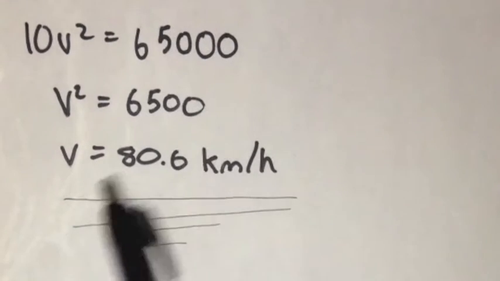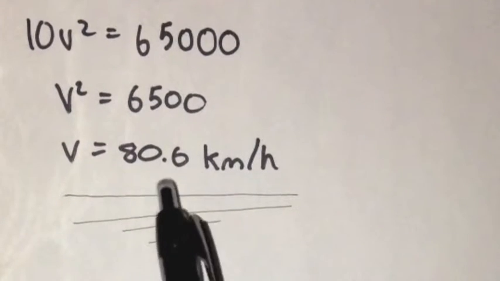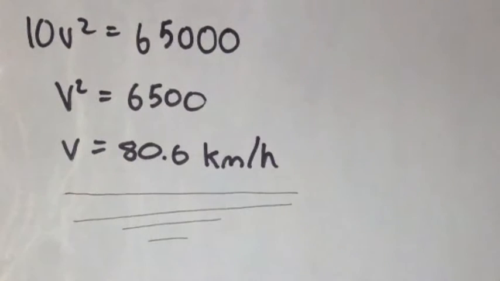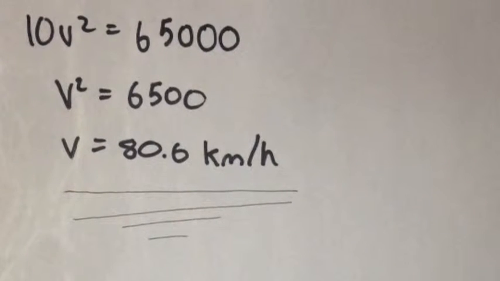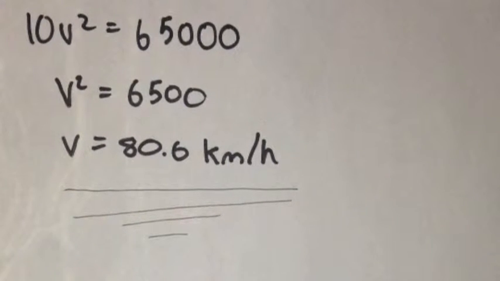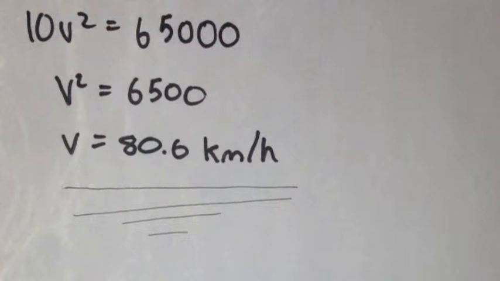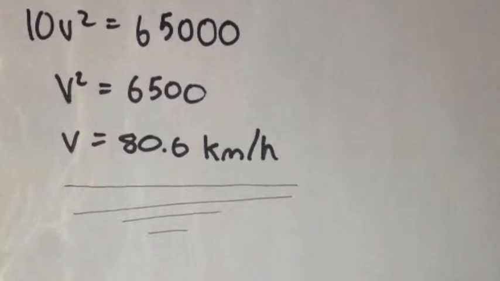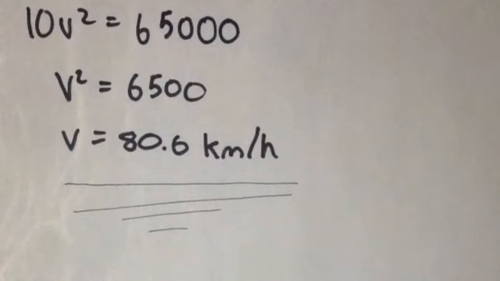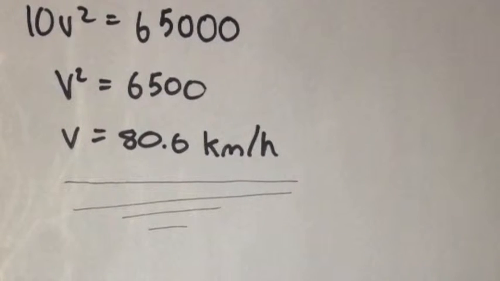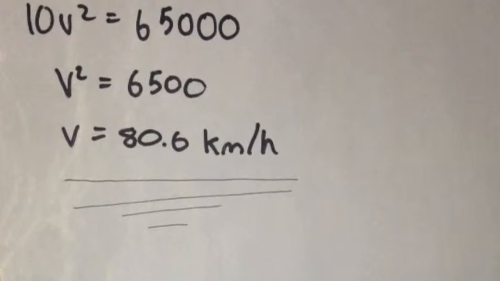Solve it out for v. V is going to be equal to 80.6 kilometers an hour. So what that 80.6 is representing is the speed at which we'll achieve the lowest cost. This is including all things: the wages, the distance, and the cost of fuel for driving the truck.